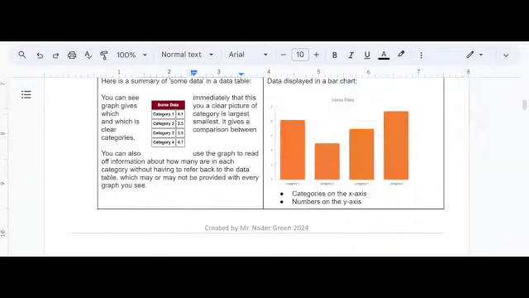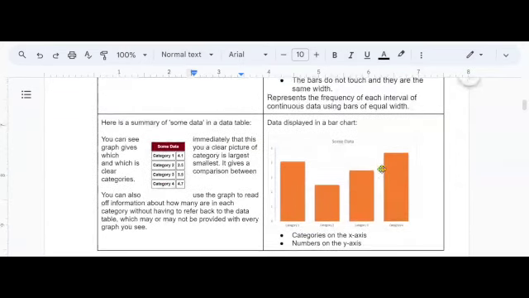a summary of some data in the table below. You can see immediately that this graph gives you a clear picture of which category is the largest and which is the smallest. It gives a clear comparison between categories. You can also use the graph to read off information about how many are in each category without having to refer back to the data table, which may or may not be provided with every graph you see.